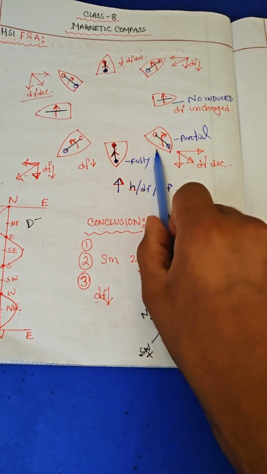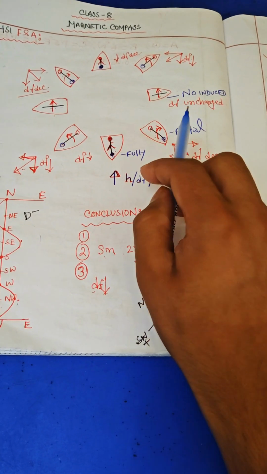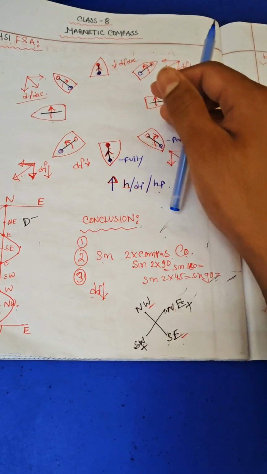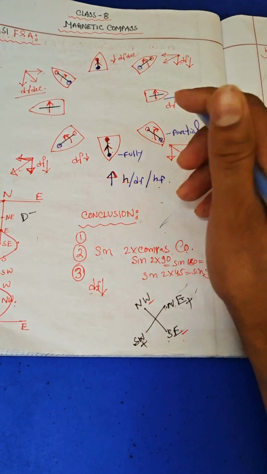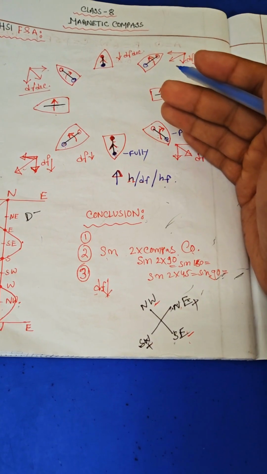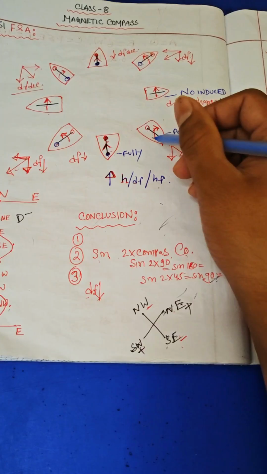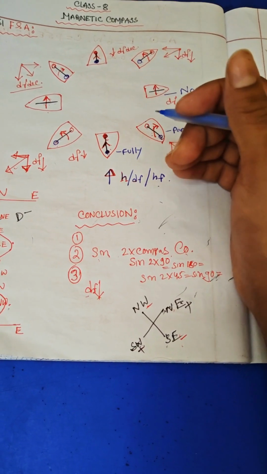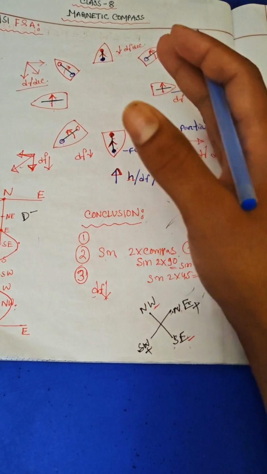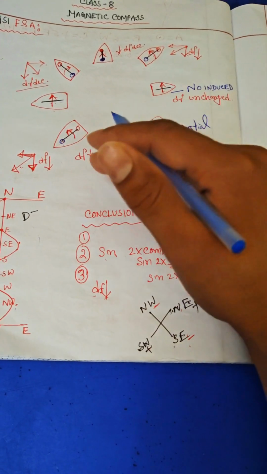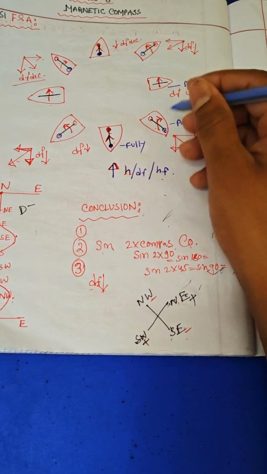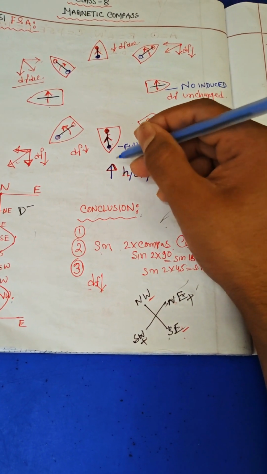Guys, since this DF is changing with latitude, at the pole DF is nil, so there is no polarity at the pole, correct? So if the H force remains, the polarity remains. So it's similar, guys. One changing, another is also changing, like the deviating force changing, so the directive force is also changing.